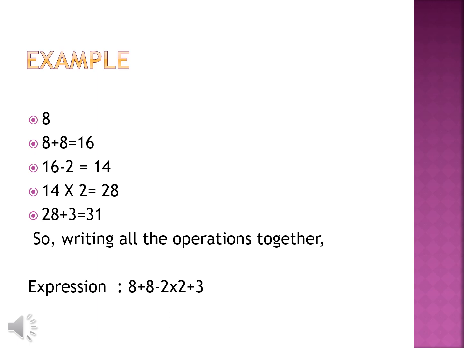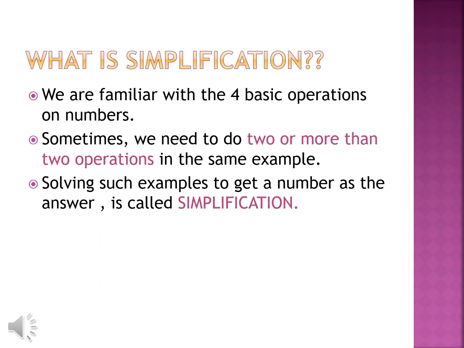So let us see what this activity has in relation to the chapter simplification. We are very much familiar with the 4 basic operations on numbers: plus, minus, multiply, divide. Sometimes we need to do 2 or more operations in the same example.